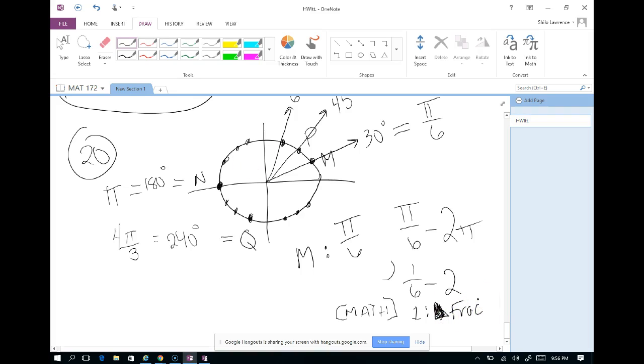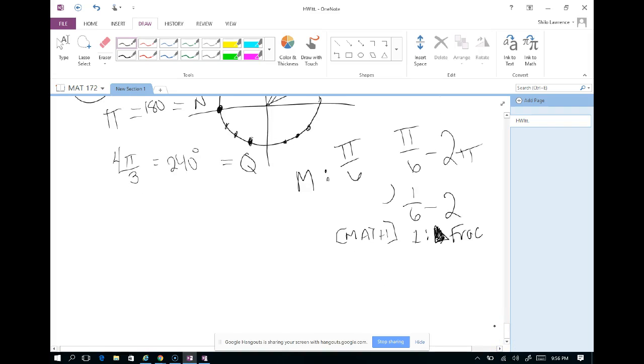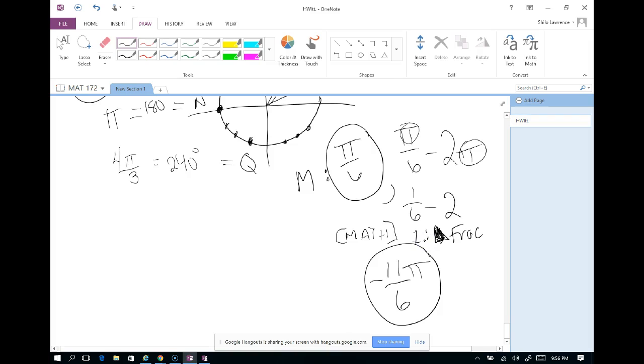So on my calculator, a 6th minus 2, I get negative 1.833333 repeating, but I'm going to tell my calculator to change that back to a fraction, and it says negative 11 sixths, and we want to put our pi back on it. We left the pi off because if you hit the pi button on your calculator, it's going to throw in some crazy long decimal, and we don't want that. We want exact values. So pi over 6 and negative 11 pi over 6 for M.